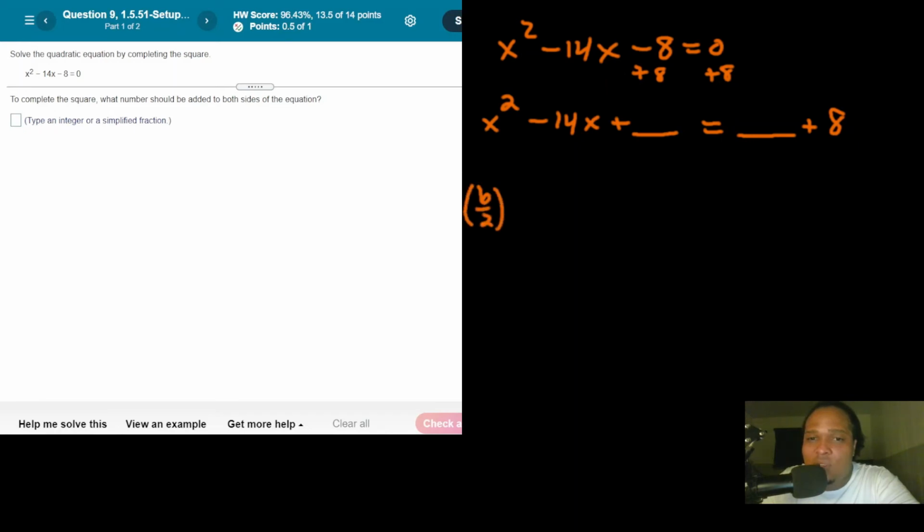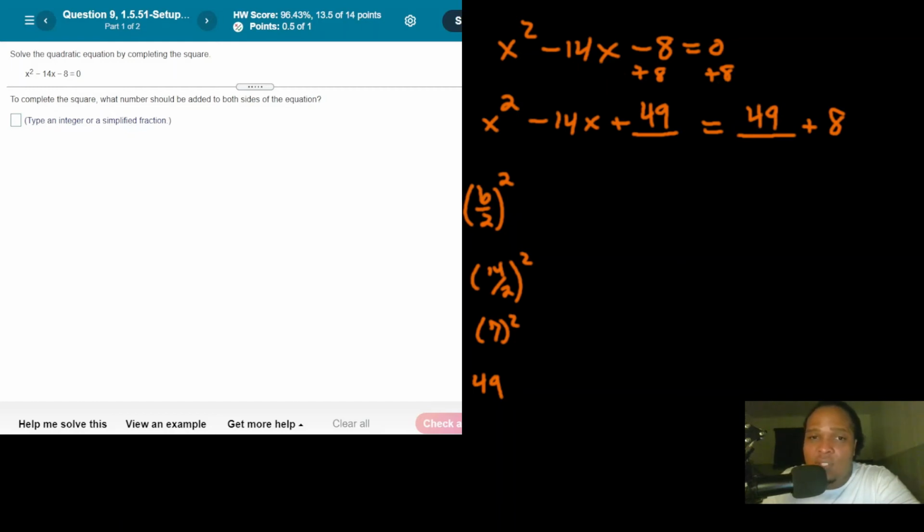We take your b term, which here is 14, divide it by 2, and then square it. 14 divided by 2 is 7, squared is 49. So 49 is the number you're going to add on the left. In algebra, whatever you add to your equation on the left, you do the same thing to your right.